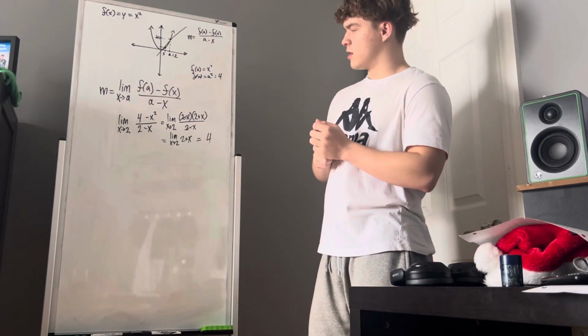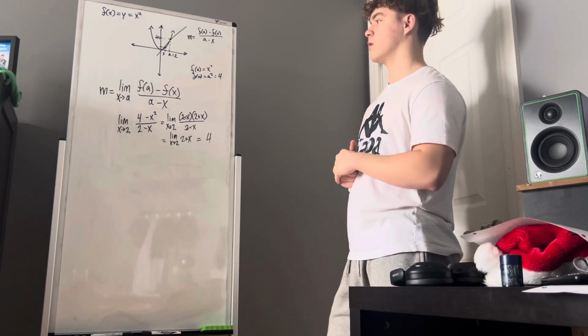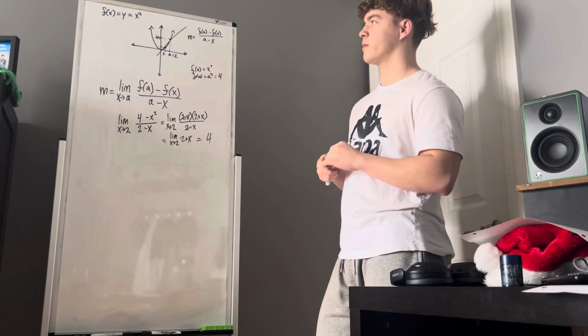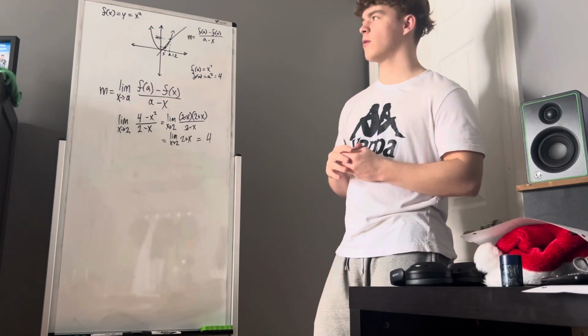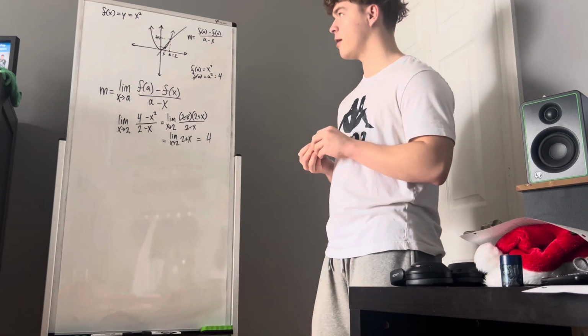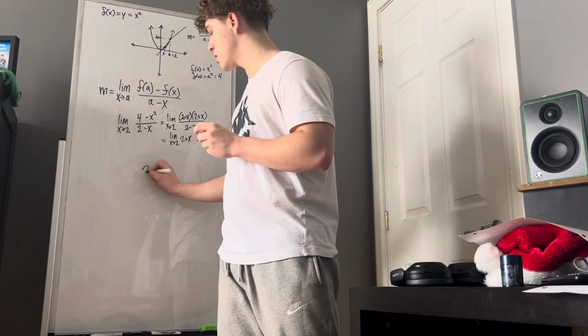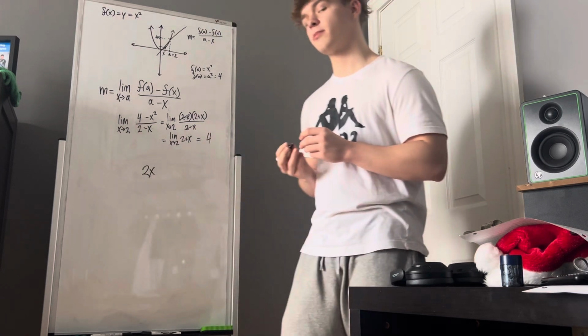Now we could have done this without numbers, and we could have found the slope function for x squared. Now, you guys can try that on your own. I'll tell you, I got a little magic trick in my head. I think the slope function is 2x.